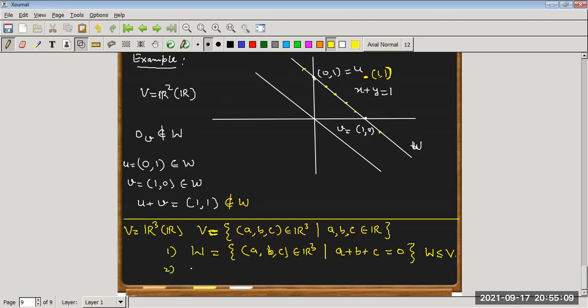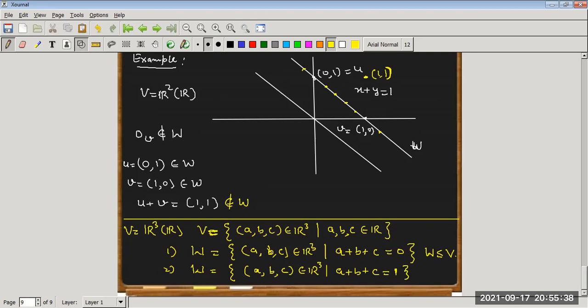But in the second case, if W is the set of (a, b, c) in R3 such that a plus b plus c equals, let it be 1, some non-zero number.